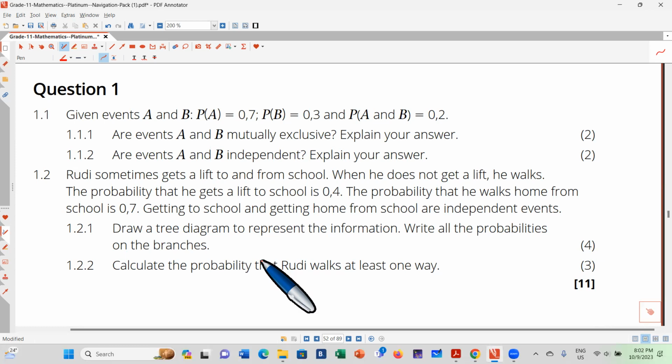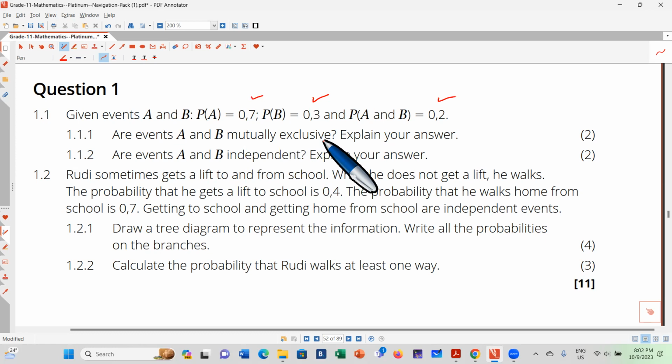Like in this question one, given events A and B, the probability of A is 0,7. The probability of B is 0,3. The probability of A and B is 0,2. Are events A and B mutually exclusive or not? So let's look at this question and think together.